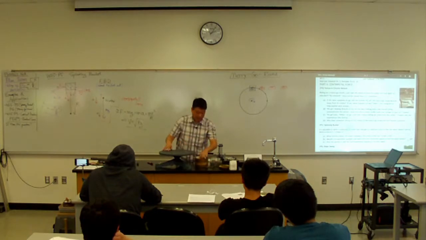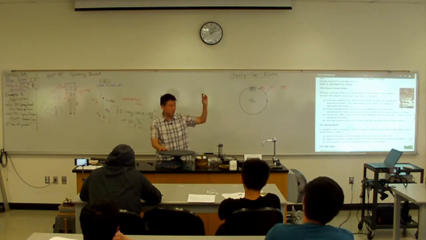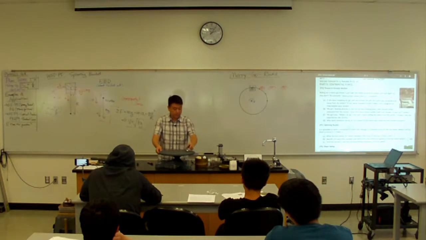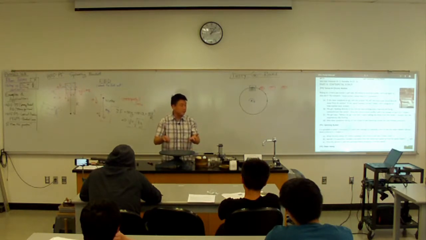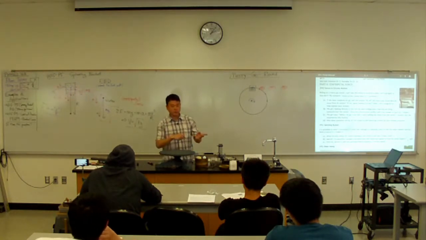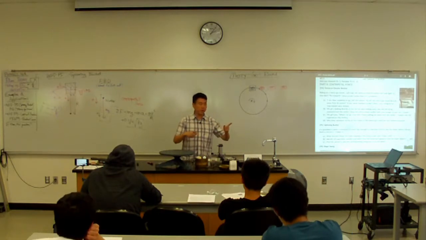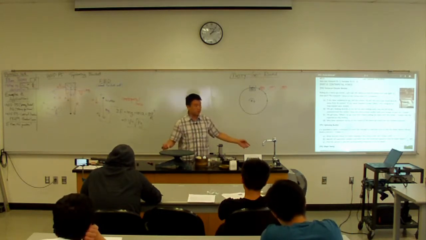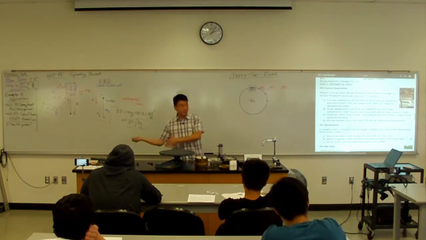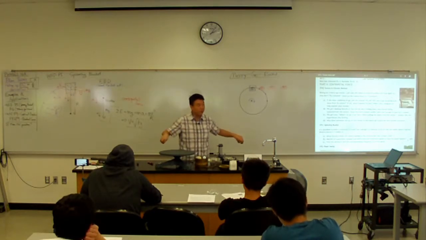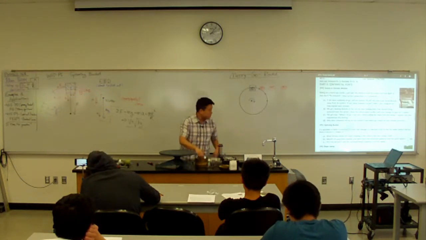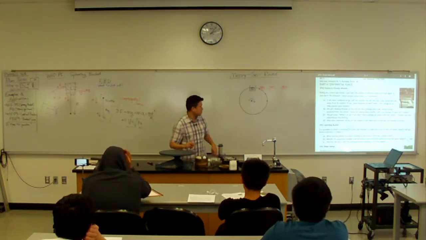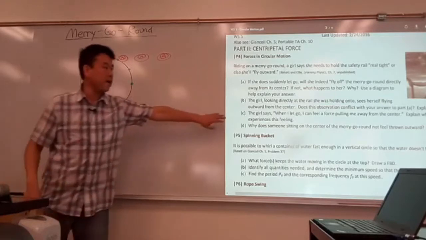Or if I have somebody who has no ability to hold on, no friction, then even when this moves slowly, she eventually flies out. The way Alice was looking at it was the other way around. She was saying when she lets go, she feels like there's a force pushing her out. Well, it's when she's holding on that there's a force keeping her in. So can someone explain why?